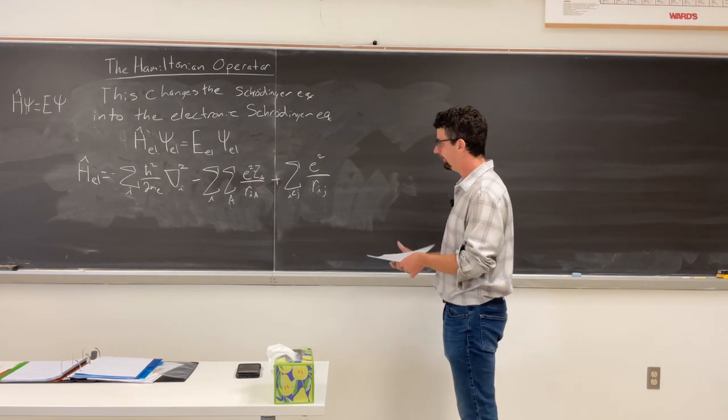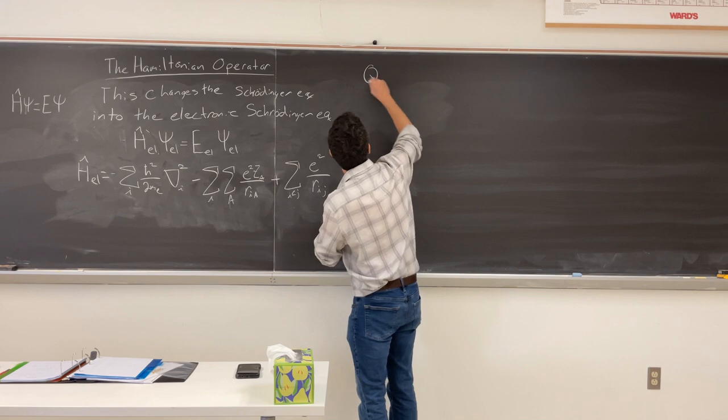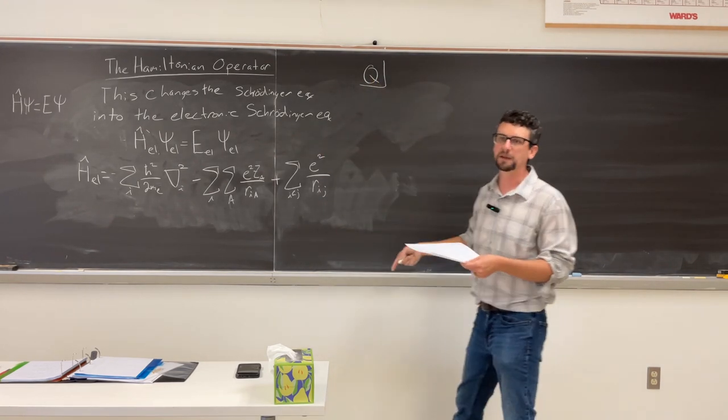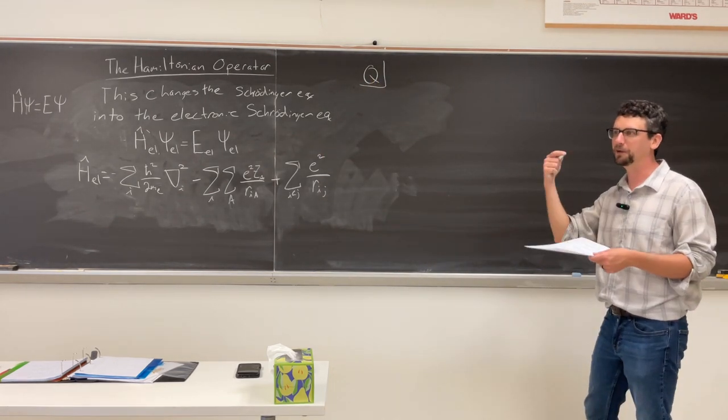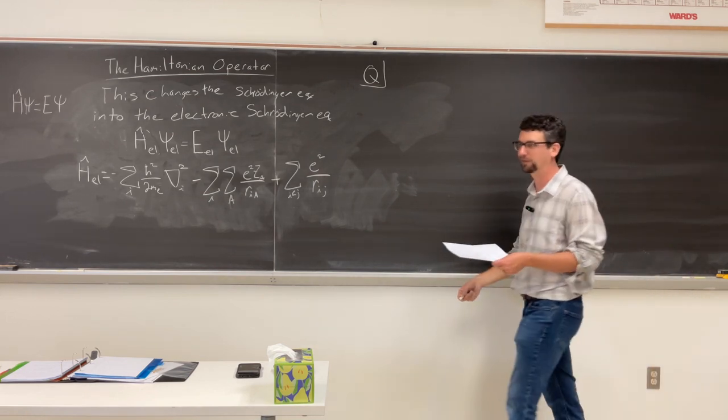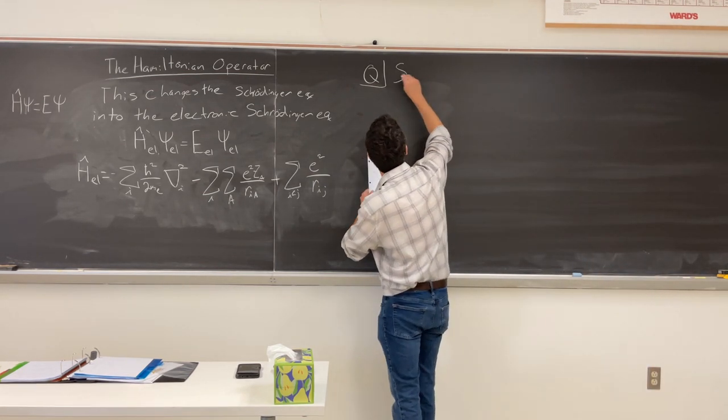Now, next question. We made our approximation simpler. The whole point of making a model simpler is so we can solve it. So my next question is, can we solve this?